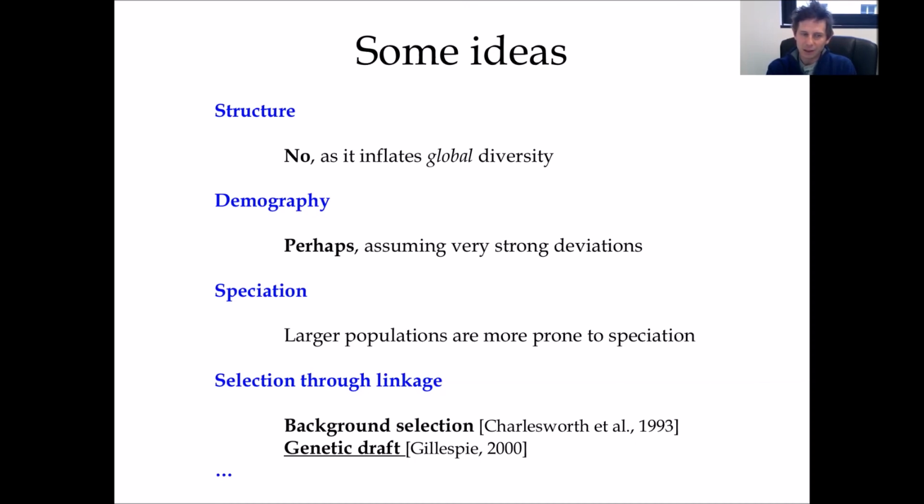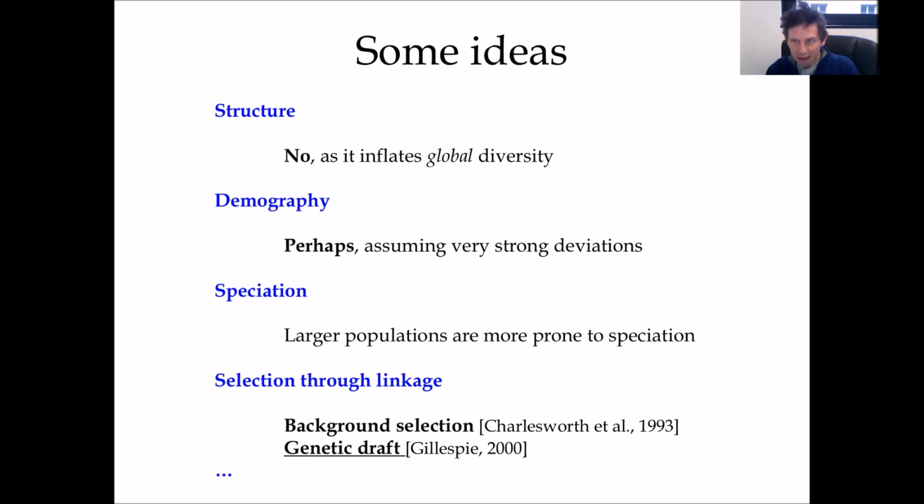So I still think that selection is a rare event, in the sense that there will be some selected variants spread in the genomes and into the population, but they're quite rare. But they have an effect not only on the selected locus, but also on all the neighboring loci that are physically linked to that selected variant.